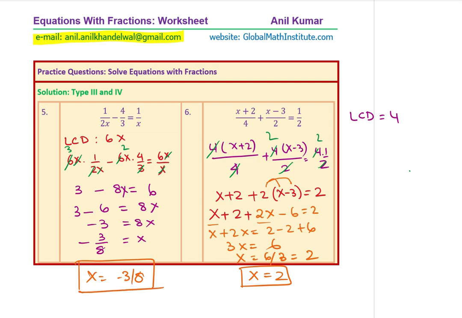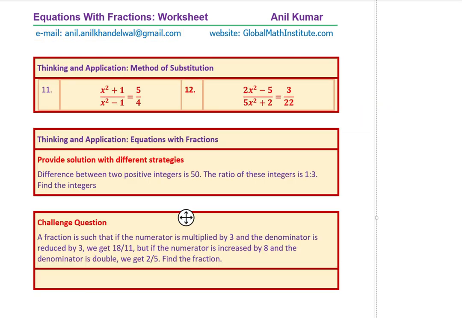I hope with this you have learned all the concepts. Now in the next exercise, we'll take the solution of these special questions. It is thinking an application where you might have to do a substitution to solve these types of questions. So we have (x squared plus 1) divided by (x squared minus 1) equals 5 over 4. It is a proportion type.